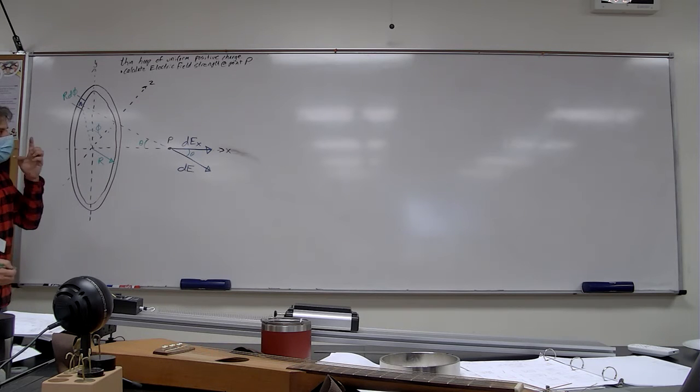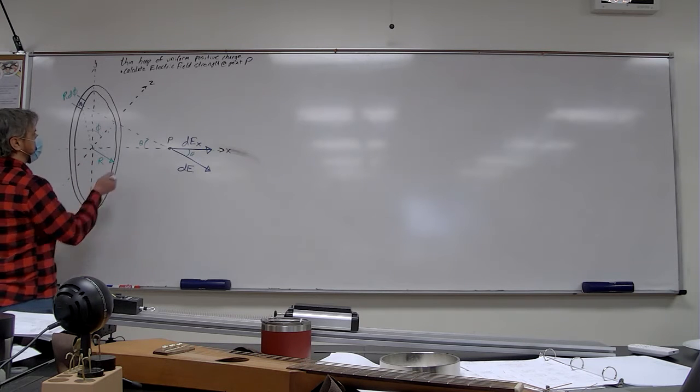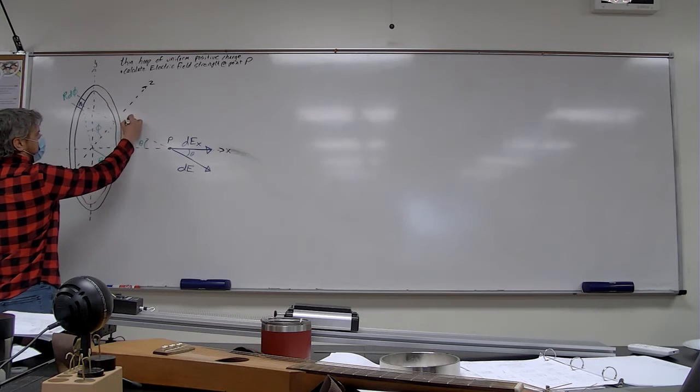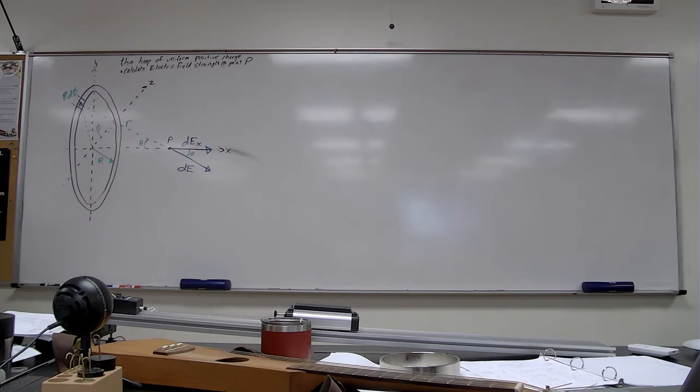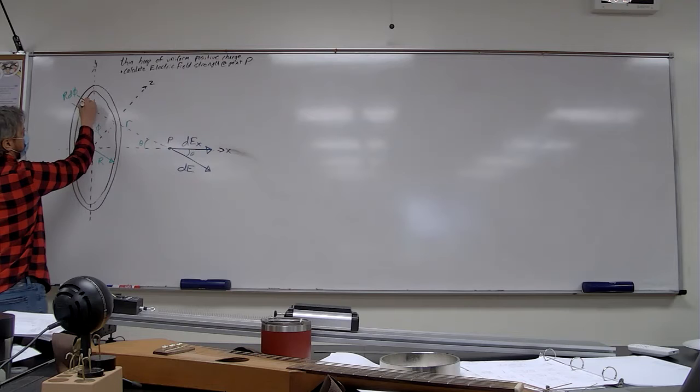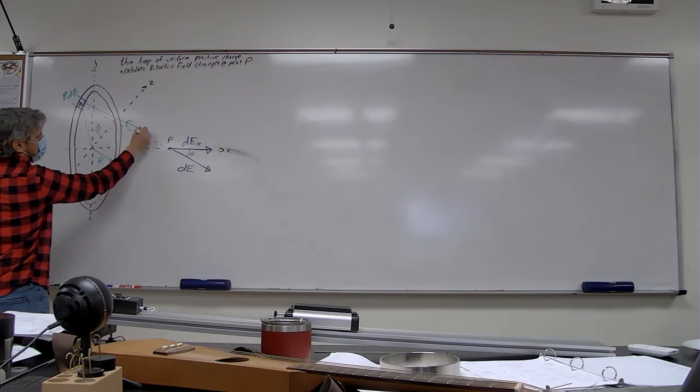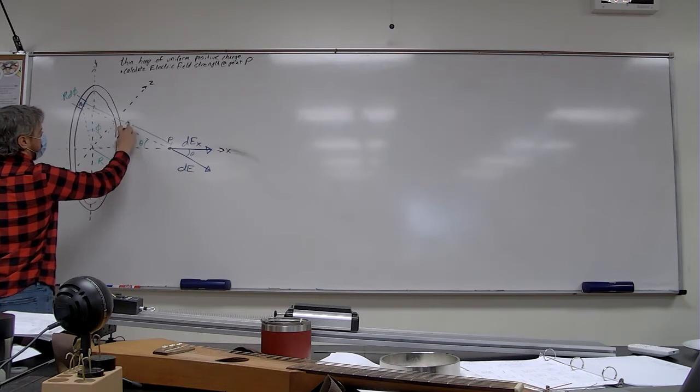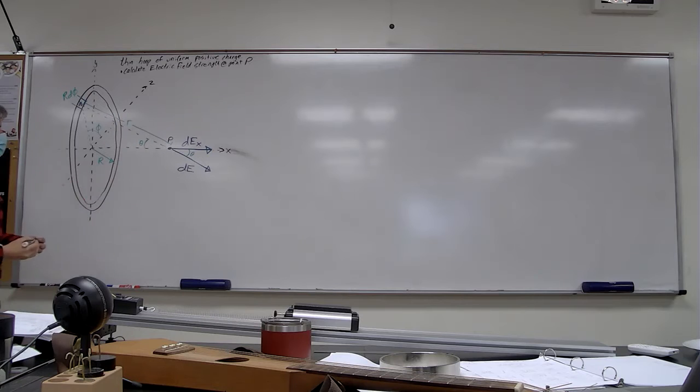Now, what do I call this distance in our equation that we've always done? Little r. That's why I call this guy big R, because I have the little r here too. If you haven't noticed yet, this is a little more involved than what we've done before. This is r, the distance from the charge to the point at which we're trying to calculate the field.